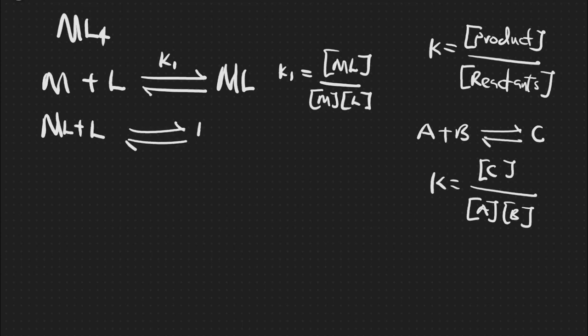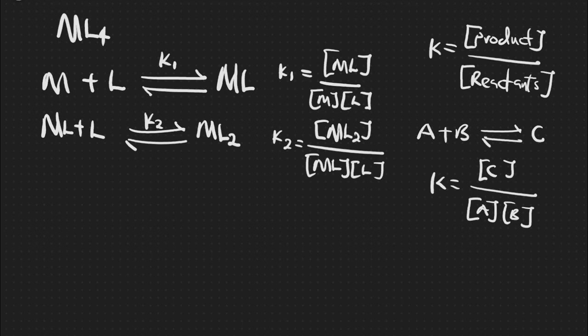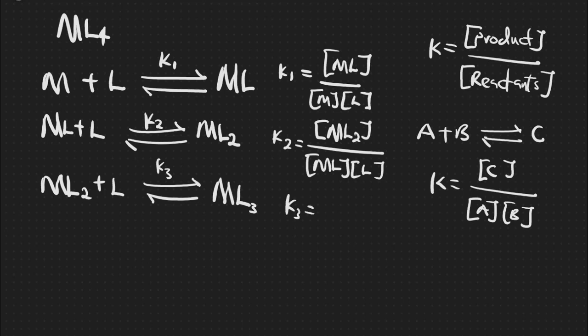This will produce the metal with two ligands, ML2, and the equilibrium constant for the second step is going to be something like this. The third step, we carry this product to further react with the ligand, which will give us ML3. So this step is going to be K3.